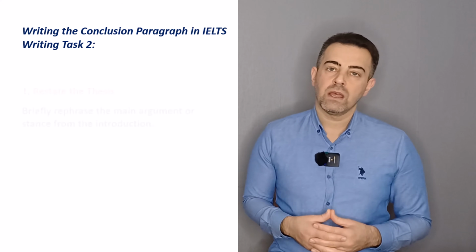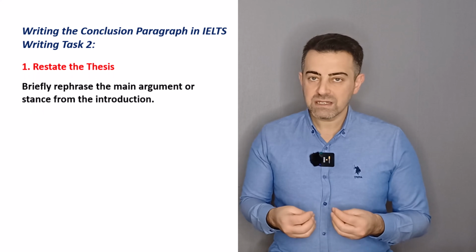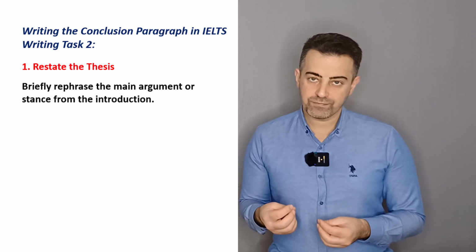The first thing is starting with a transitional phrase or a linking device. Something like in conclusion, in sum, overall, ultimately, and so on. You can just pick one of them, and according to your choice, you can put it and give it a good start. The first statement you're putting is the restatement of the thesis statement.